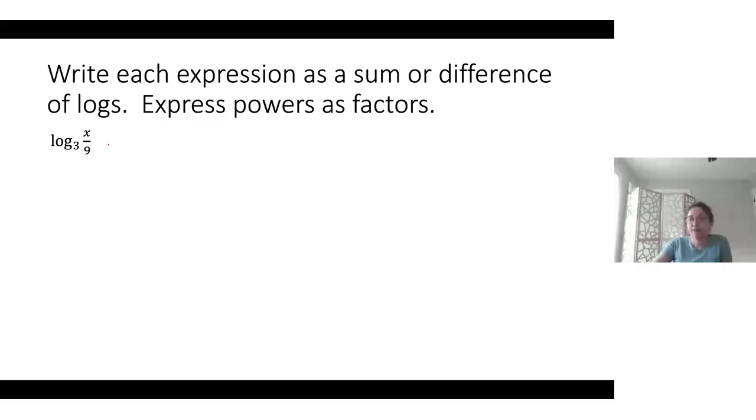So our first example for this is log base 3 of x divided by 9. So we're going kind of the opposite direction this time. I have division inside the logarithm. So I'm going to expand this to log base 3 of x minus log base 3 of 9.